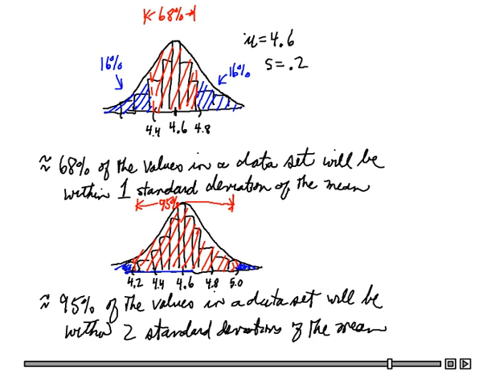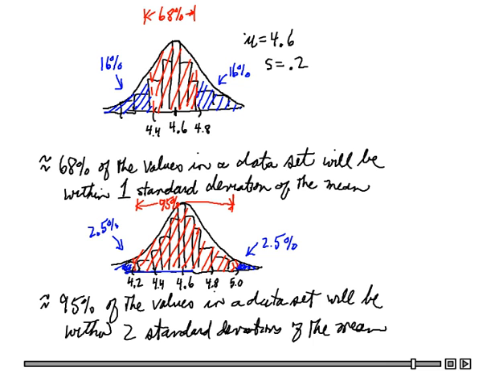And because the distribution is symmetric, in other words, one side's a mere reflection of the other, there would be 2.5% on the upper end and 2.5% on the lower end. So what percentage of the Hershey Kisses would be less than 4.2 grams? 2.5%.